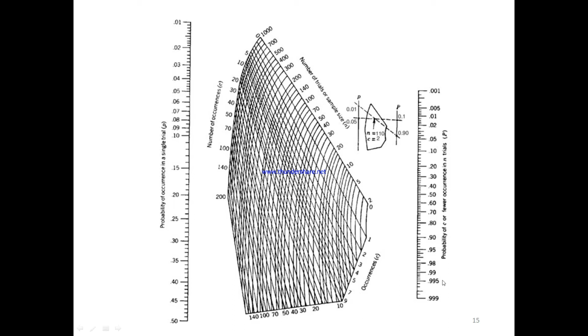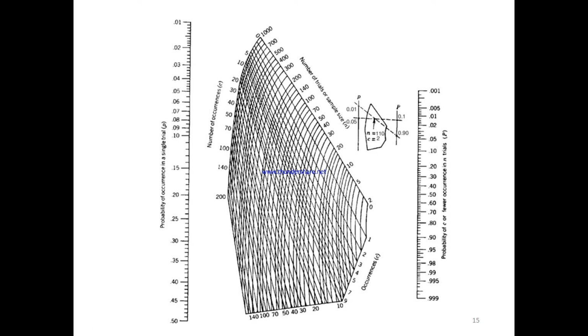So first, the LTPD value and the AQL value you have to mark on this first scale, which is on your left hand side. Then the 1 minus alpha and beta values you have to mark with this, that is the probability of occurrence in n trials. With this probability scale you have to mark it here.